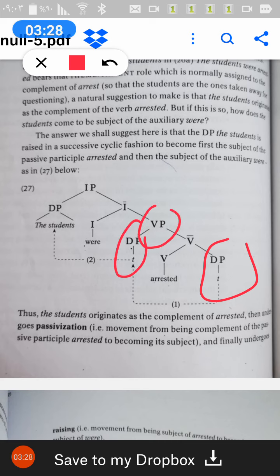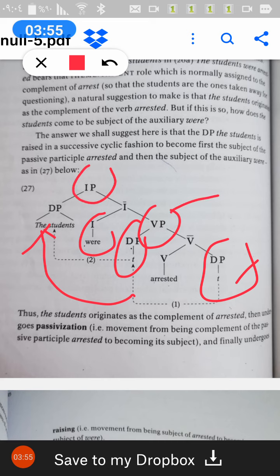At each time it leaves a trace behind it, and finally in a third movement it is moved from the subject of the verb phrase into the subject of the auxiliary were. By the way, you have to keep in mind that the verb phrase is a lower position. The highest phrase is what? It is the auxiliary phrase.